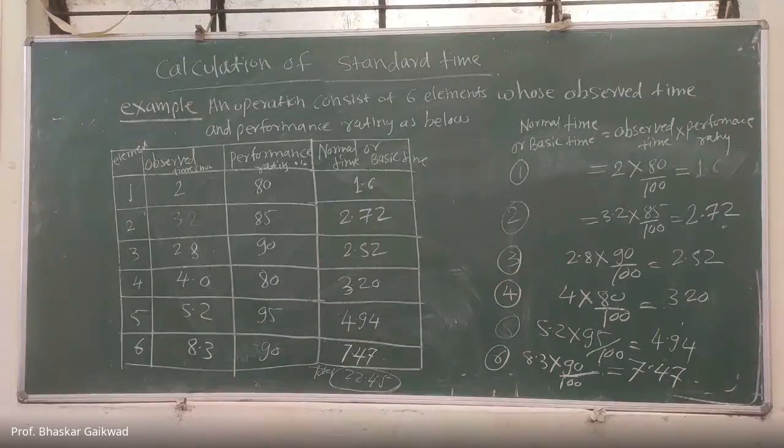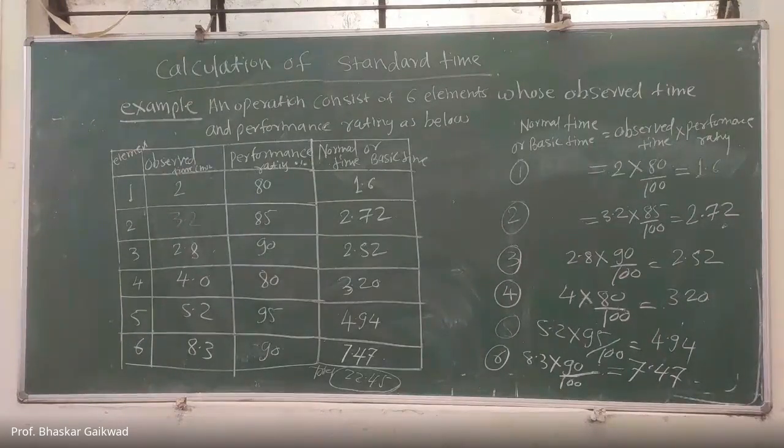Similarly, element number 3, observed time 2.8 into 90% performance rating. So 2.8 into 90 divided by 100 is equal to 2.52.